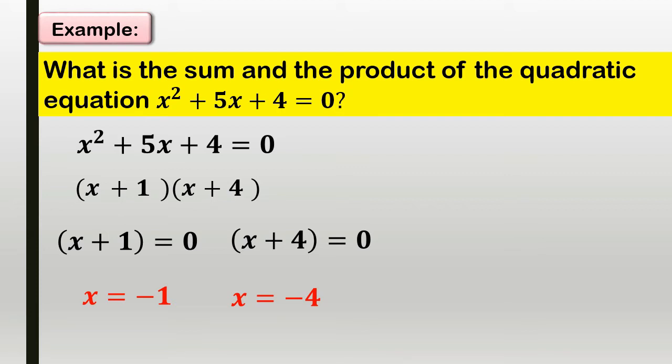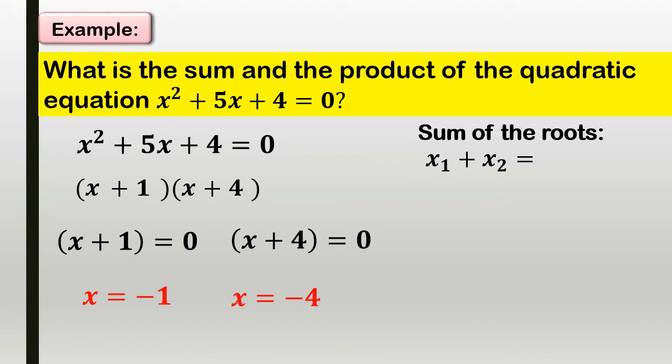So, let's proceed first for the sum of the roots. From the word sum means positive. So, ibig sabihin, kailangan nating ipag-add, pagsamahin natin or i-add natin. Okay, the formula that we can use for the sum of the roots is x sub 1 plus x sub 2.